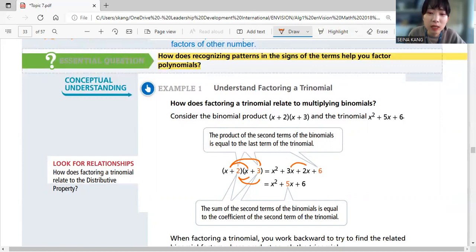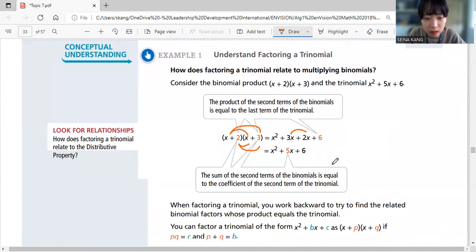So if you look at these numbers, x plus 2 and x plus 3, we can try to figure out some patterns. 2 times 3 is going to equal 6. 2 plus 3 is equal to 5 here. Do you see some connections there? And does that work for all of the binomial products?